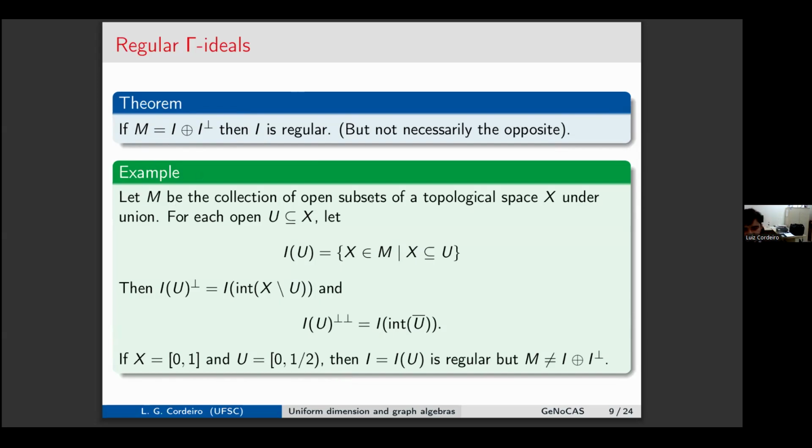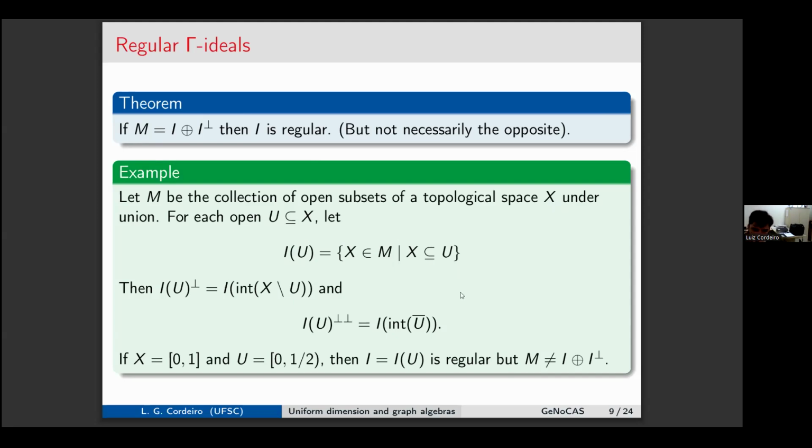If M is a collection of open subsets of a topological space X under union, then it is a non-conical, actually, however, refinement monoid. And to each open subset of X, the ideal it generates in the monoid has the, no, that is actually not the ideal it generates.